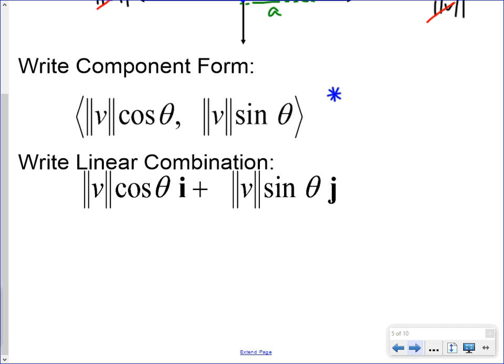I'll say most of the time I work in component form, unless my directions are asking about linear combination. But make sure you're okay with linear combination, because sometimes you have to work backwards from that. I think that might be a given piece of information. So linear combination would be magnitude of v cosine theta times i plus magnitude of v times sine theta times j.